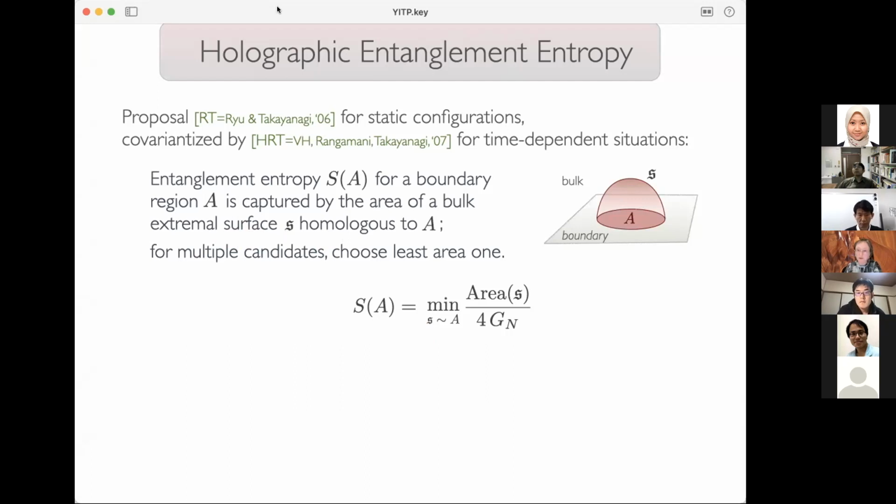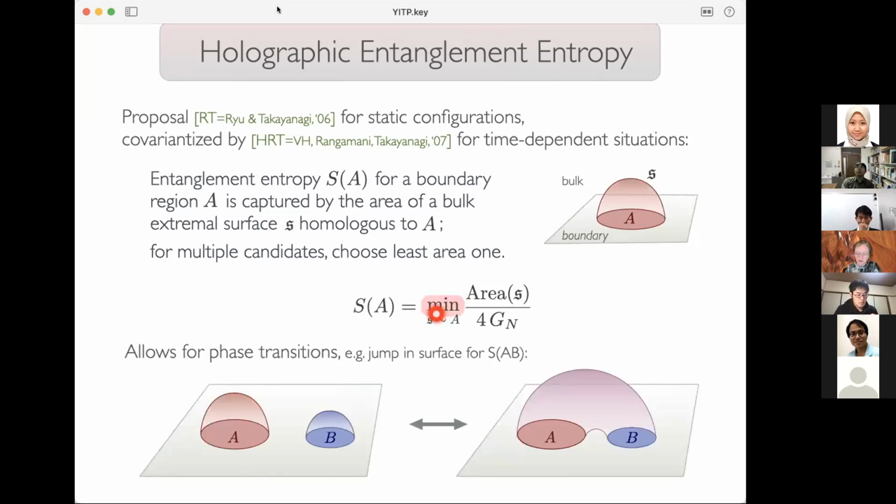In the full general, covariant context, it's the extremal surfaces. So I take my boundary region, I consider the set of all extremal surfaces that are homologous to this region. There can be multiple ones in principle, but I take the least area one out of all such homologous extremal surfaces.